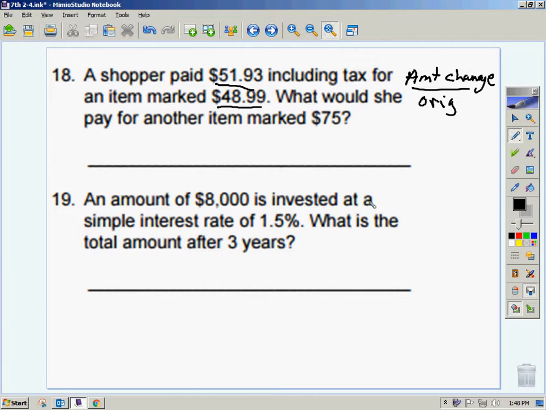What's the original amount here? 51. What's the original amount before tax? $48.99. And the amount that it was marked up, we'd take that $51.93 and subtract $48.99.